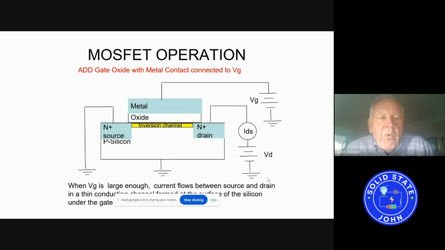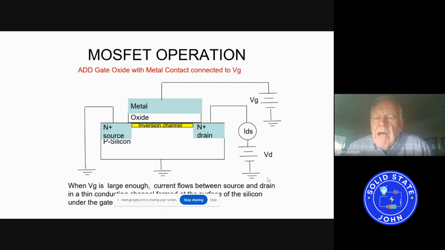However, the MOSFET technology allowed you to add a gate oxide with a metal contact connected to it. And in that case, a current would be able to flow under certain conditions, when an inversion channel is formed by a voltage applied to the gate oxide by the metal.